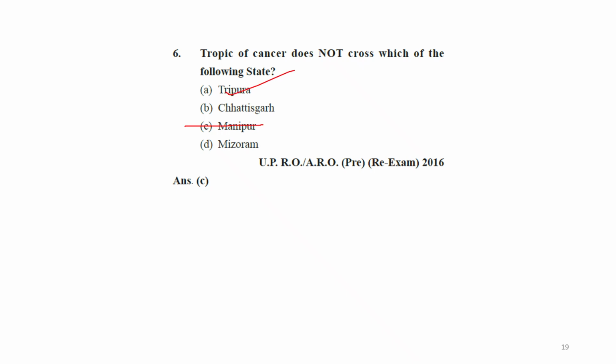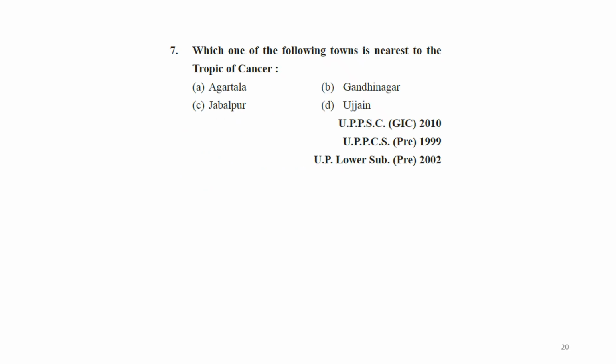Tripura is correct, Chhattisgarh is correct, Mizoram is correct. We have seen that in the previous explanations. So the answer is C. Manipur is not part of the Tropic of Cancer.